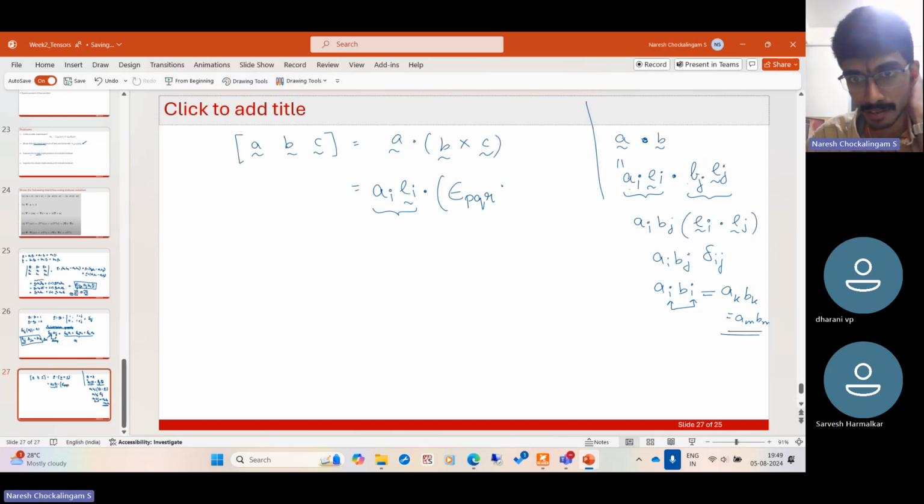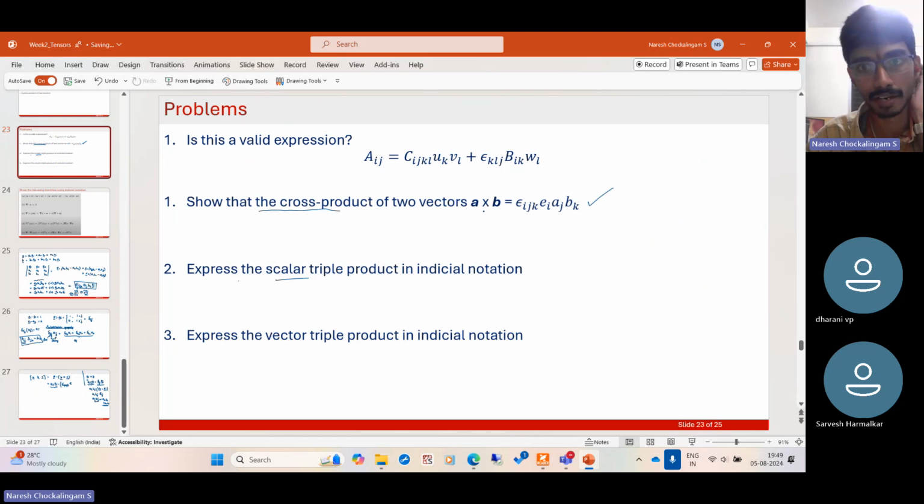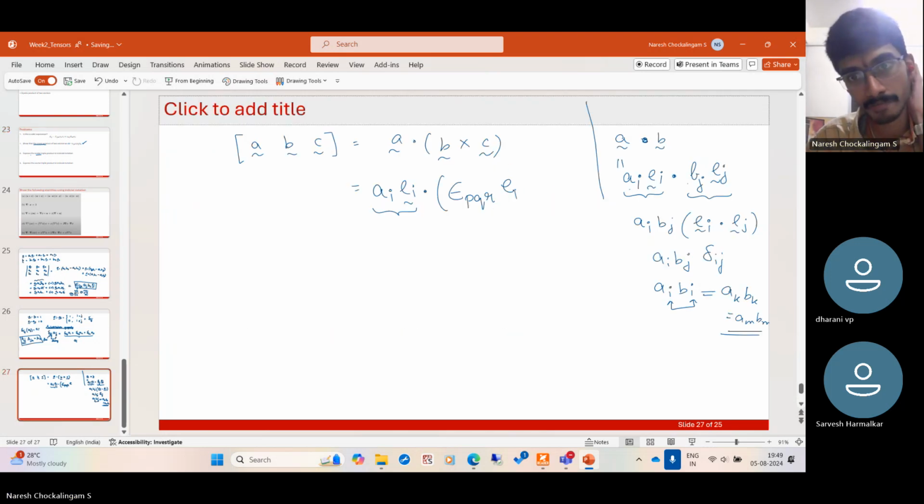pqr. So by this result, which we just proved, a cross b is this. So b cross c is epsilon pqr ep bq cr. As usual, these two are scalars. So you can just collect all the scalars together, ai bq cr.